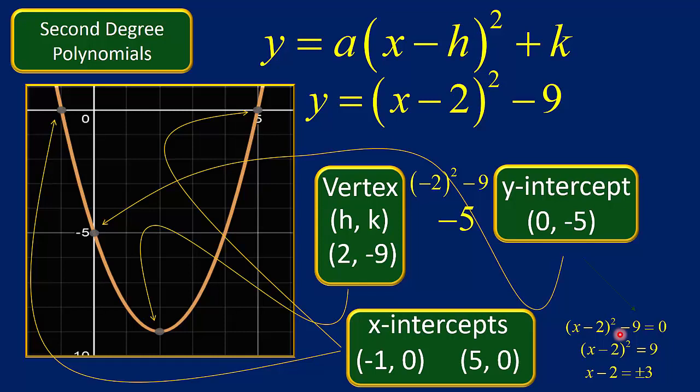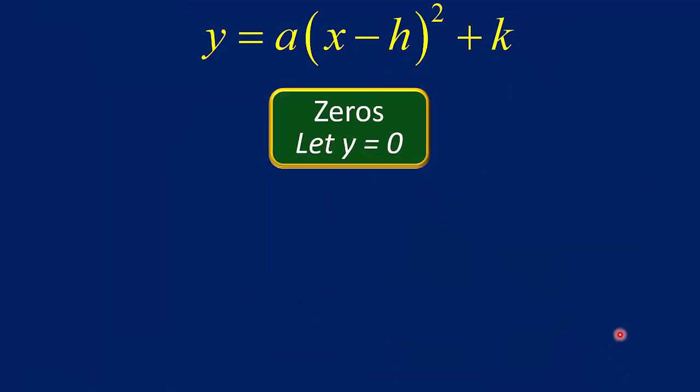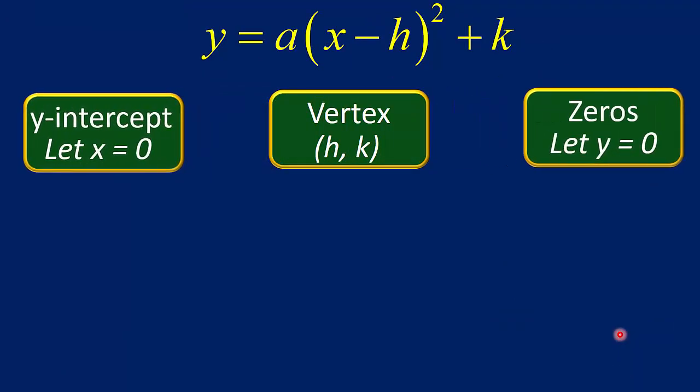So these are the two x-intercepts. What we're interested in when we study these things is the y-intercept, the vertex, and the zeros. In the previous problem, I called those zeros the x-intercepts because in this case, the graph did cross the x-axis. But the zeros are found exactly the same way as the x-intercepts.